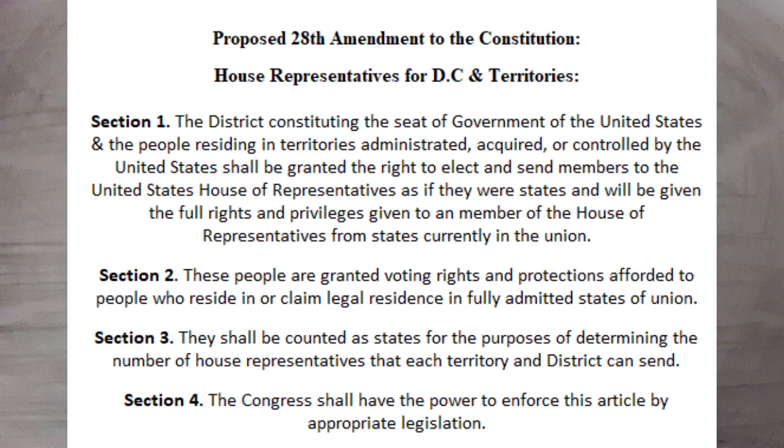Well, let's see. Proposed 20th Amendment to the Constitution, House of Representatives for D.C. and Territories. Section 1. The district constituting the seat of government of the United States and the people residing in territories administered, acquired, or controlled by the United States shall be granted the right to elect and send members to the United States House of Representatives as if they were states, and will be given the full rights and privileges given to a member of the House of Representatives from states currently in the Union.